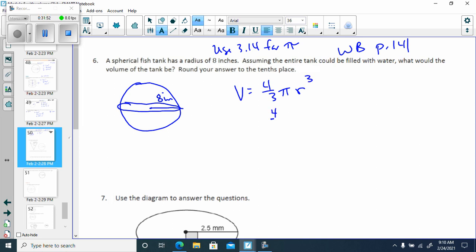So we plug this in, 4/3, and our pi would be about 3.14, and our radius is 8. 4 divided by 3 times 3.14 times 8 times 8 times 8, okay? That gives you 2,143.6. And what is that? Cubic inches. Inches cubed. All right?